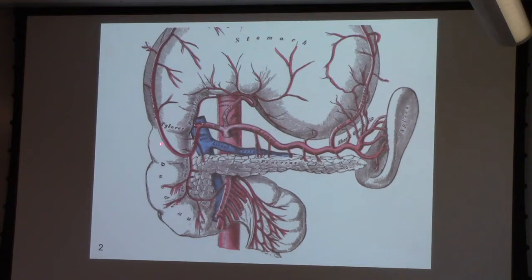The pyloric sphincter would be somewhere in there, between the pylorus and the duodenum.